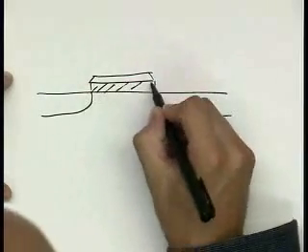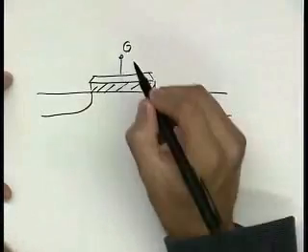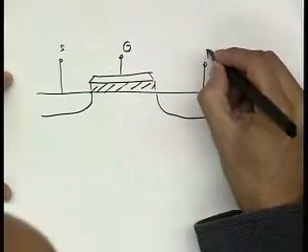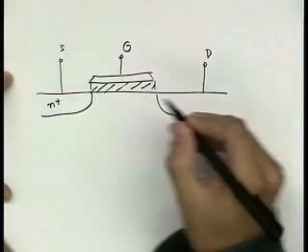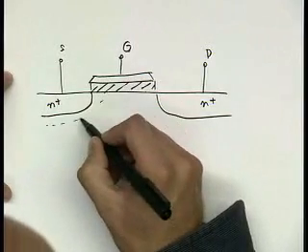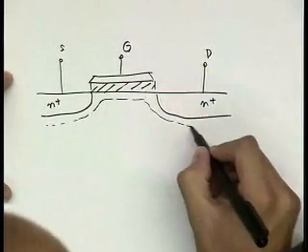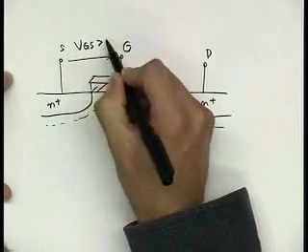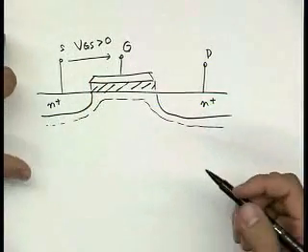so this is your oxide, this is your gate, so we have this depletion region around here, and then we have gate to source voltage.